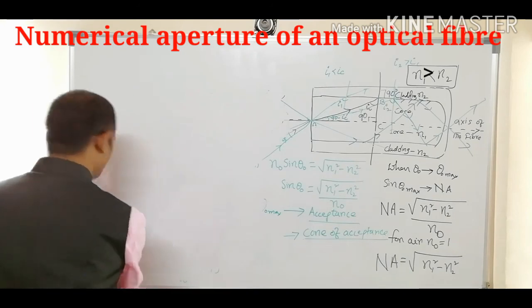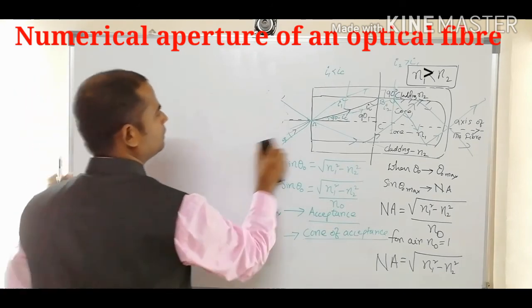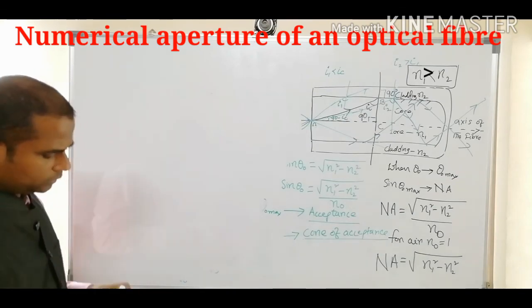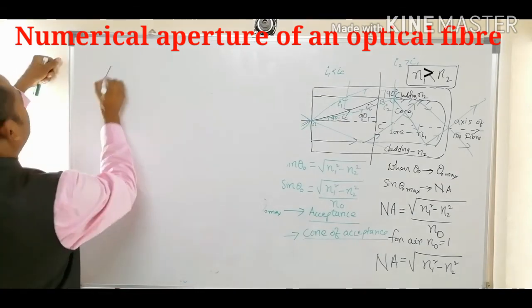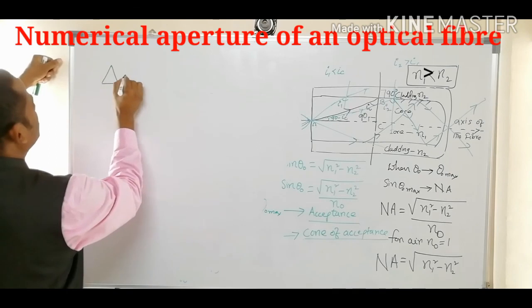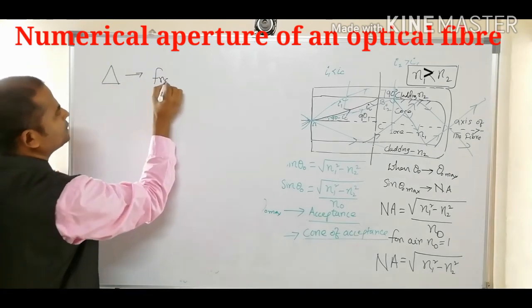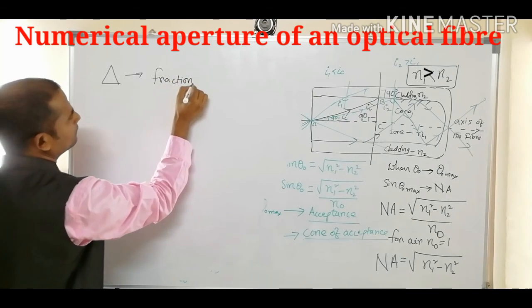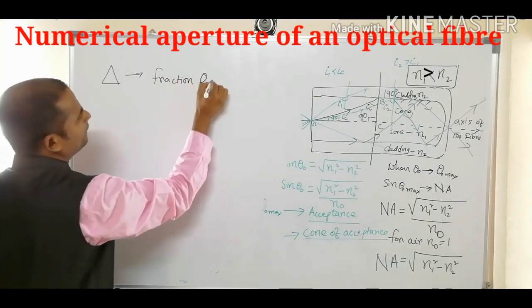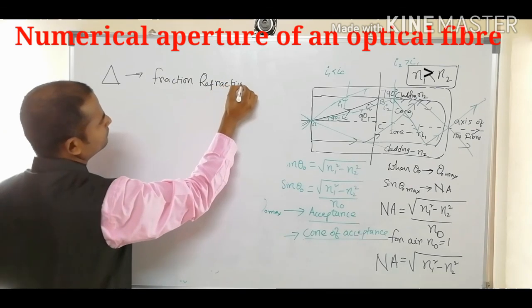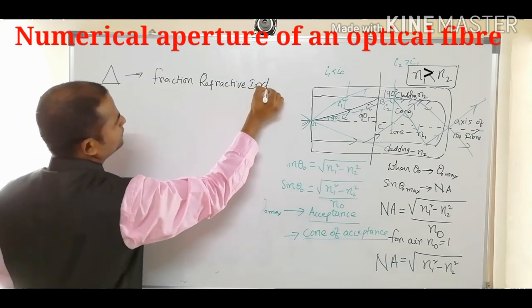There is one more parameter which we need to understand. It is delta, also known as fractional refractive index change.